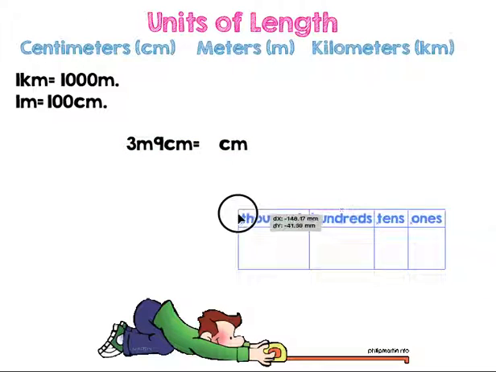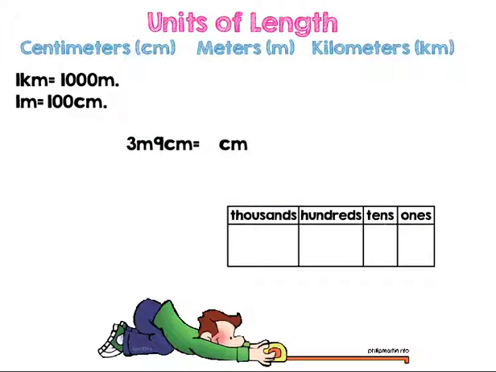You can use again your place value chart to write the number correctly. So if we say 100 instead of meter, it is 300. So let's put it 309. Did we say 10, 20, 30, 40?